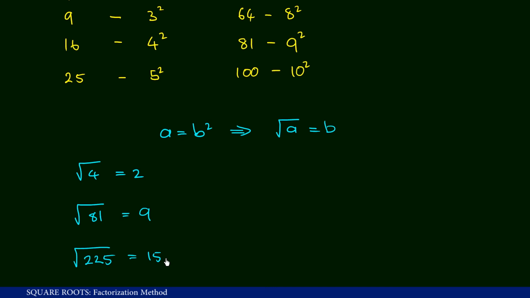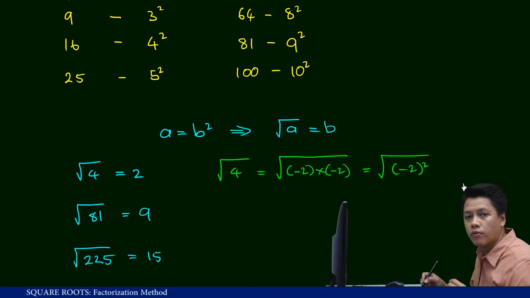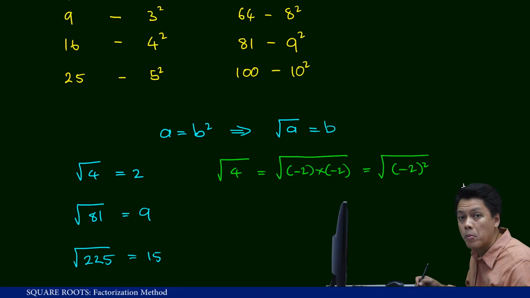But let's not forget that there is one other part that we need to take care of, which is that the square root of 4 is also equal to the square root of minus 2 times minus 2, or the square root of minus 2 squared. So that means the square root of 4 could also be equal to minus 2.